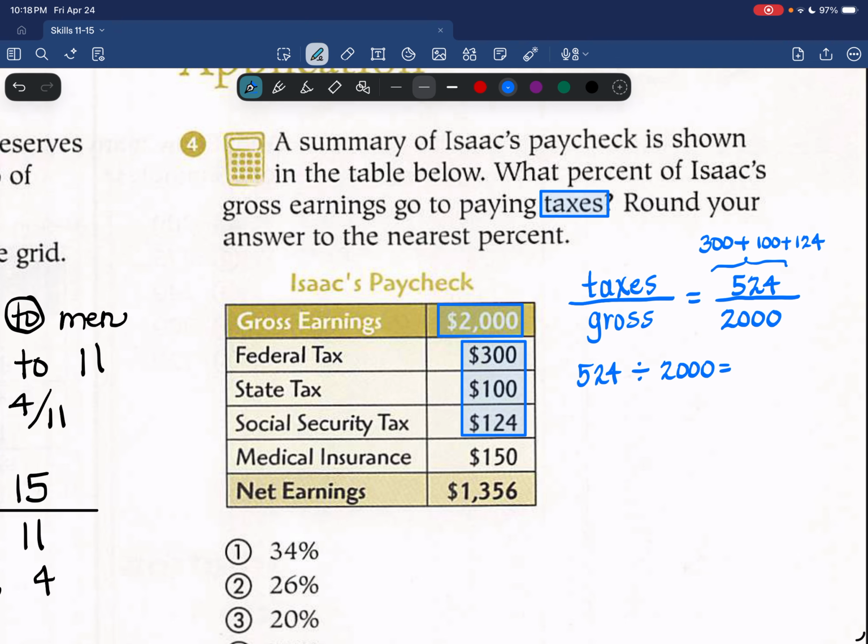This is going to give us a decimal. 524 divided by 2,000 is 0.262. And then you can turn that decimal into its percent form by doing 2 scoops to the right. So you get 26.2, and it says to round that to the nearest percent. So we're looking at about 26%. So I like answer number 2 on that one.